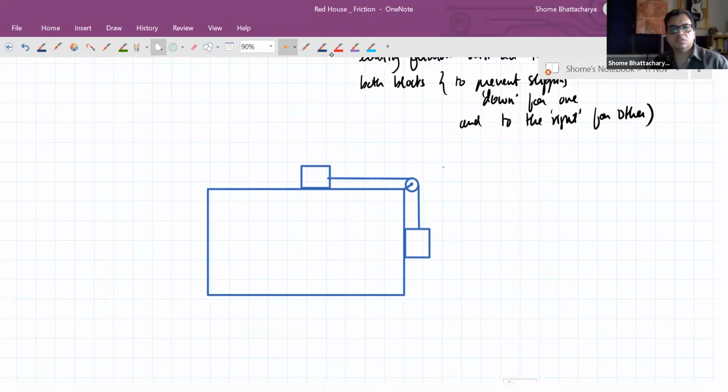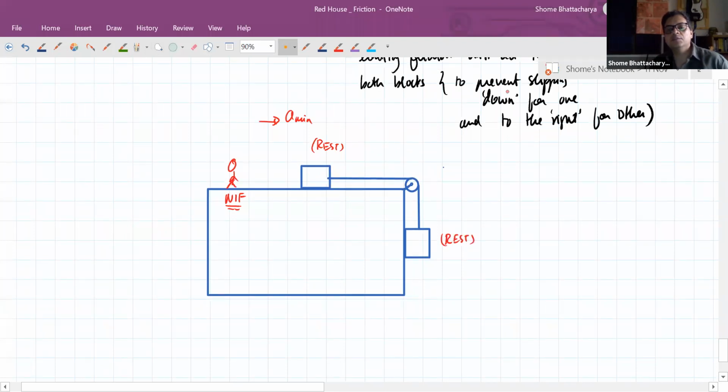So if this system is moving with the minimum common acceleration in the ground plane, then to this person in the non-inertial frame of the wedge, they should be at rest. Okay. But limiting friction should act in this manner, which I am showing above.